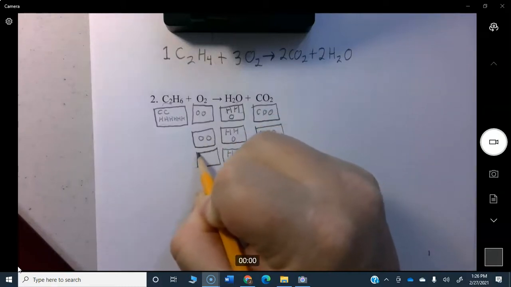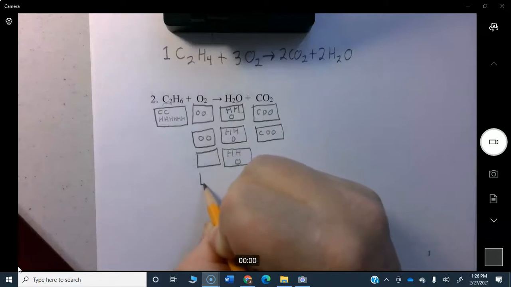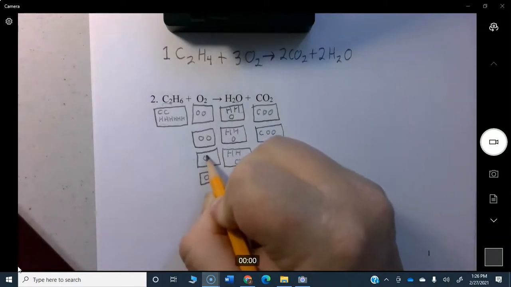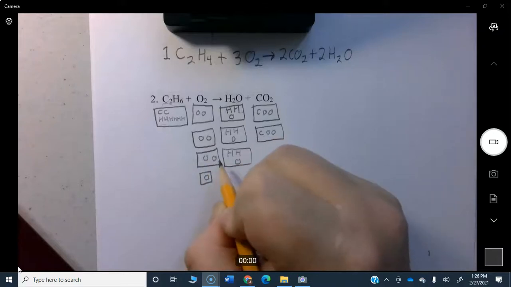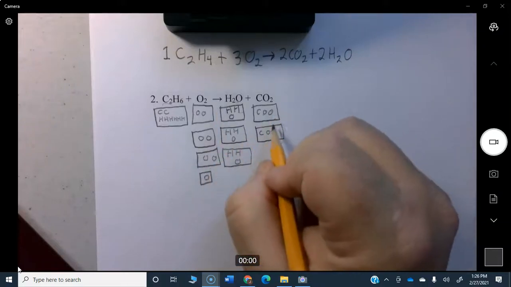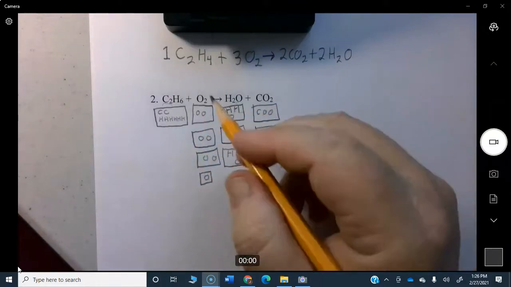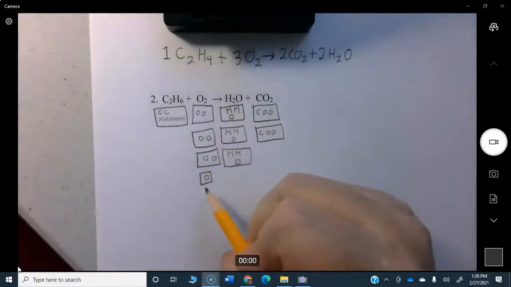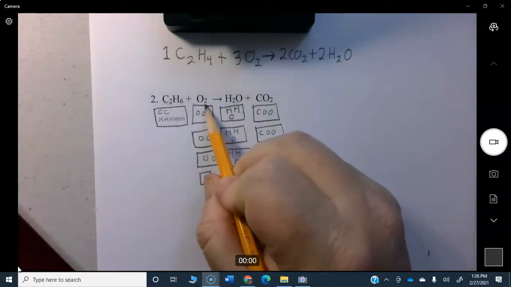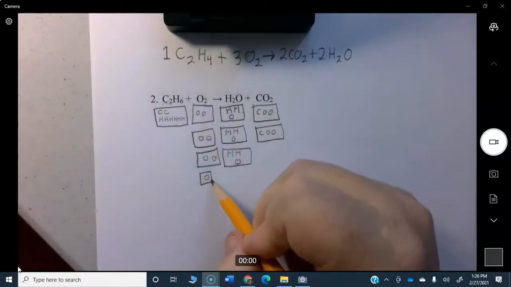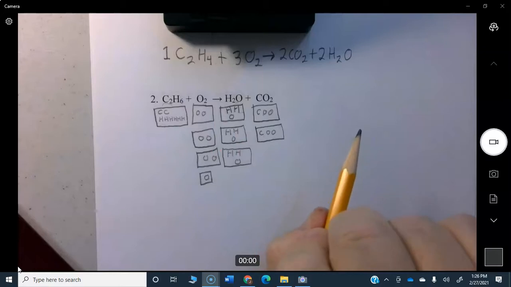There's 6. Uh-oh, I can't draw another full box because 2 more would give us 8. We only want 7. This side has 7. We need 7 on this side. But you're not allowed to do that. You're not allowed to just break an oxygen molecule into just an oxygen atom like that.